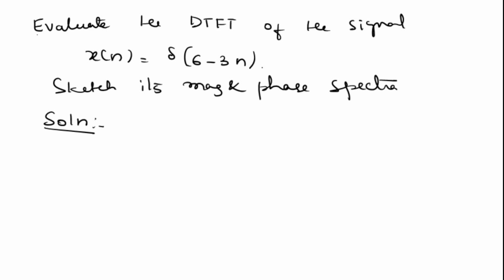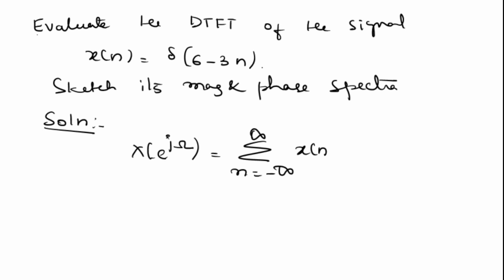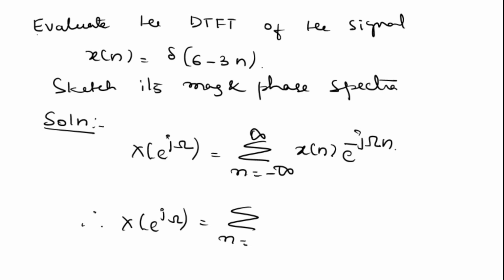We know that X of e power j omega is equal to summation n is equal to minus infinity to infinity x of n into e power minus j omega n. Therefore, X of e power j omega is equal to summation n is equal to minus infinity to infinity delta of 6 minus 3n into e power minus j omega n.